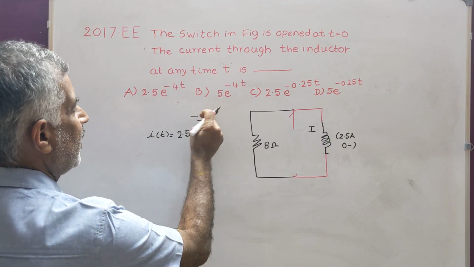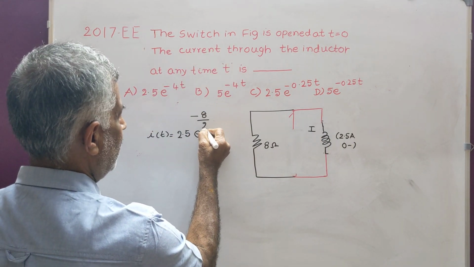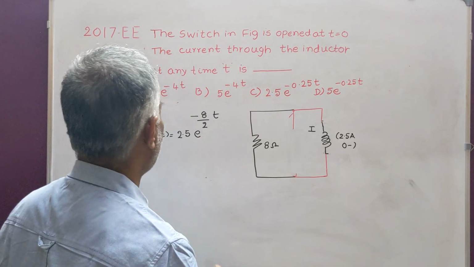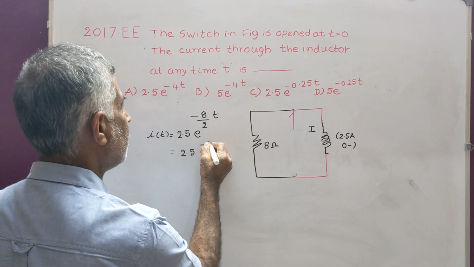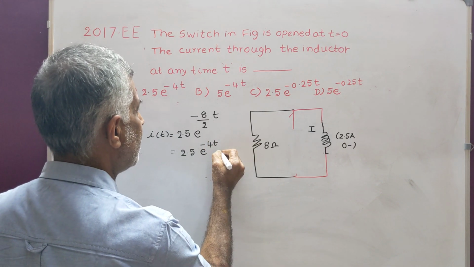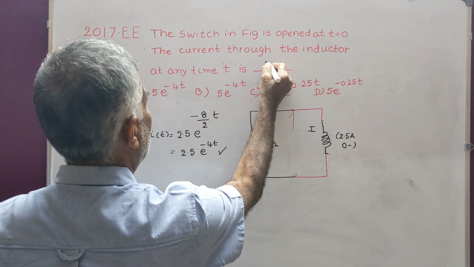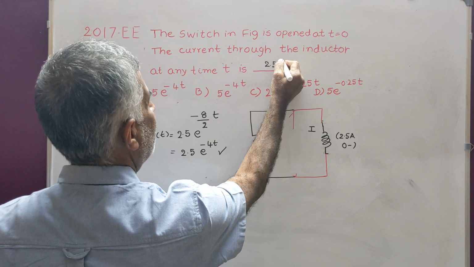Now e power minus R by L t, that is 2.5 e power minus 4t. So this is the answer, 2.5 e power minus 4t.